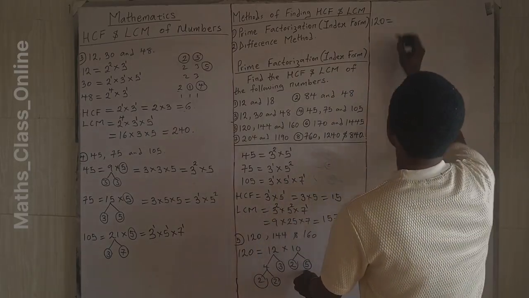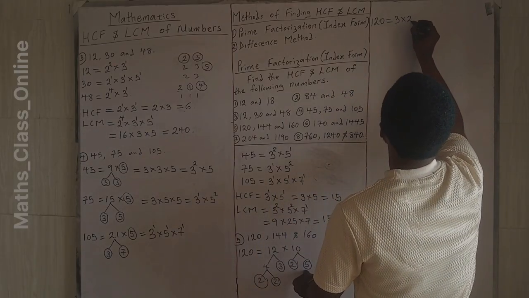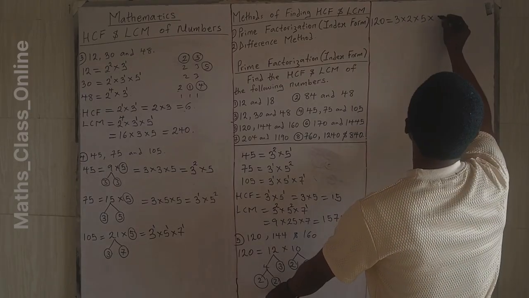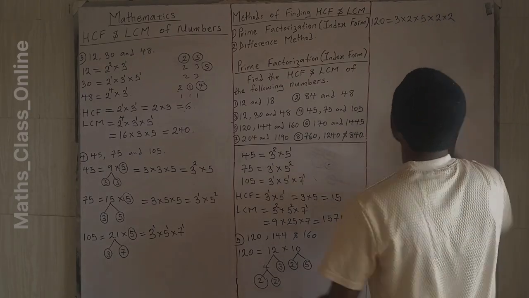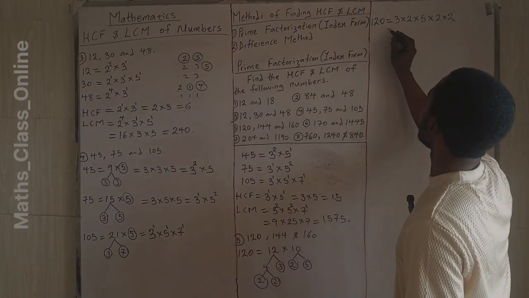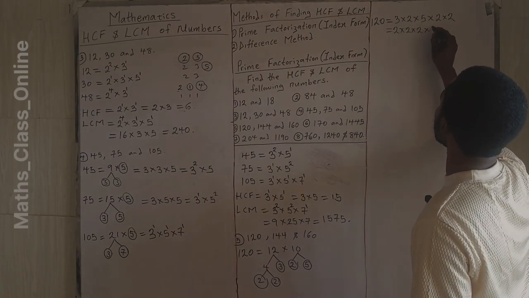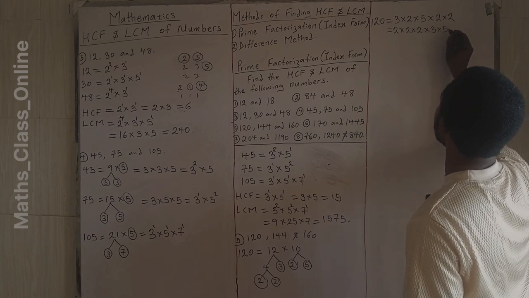120 is 3 times 2 times 5 multiplied by 2 times 2. Let's rearrange. This is equal to 2 times 2 times 2 times 3 times 5. And that is what?